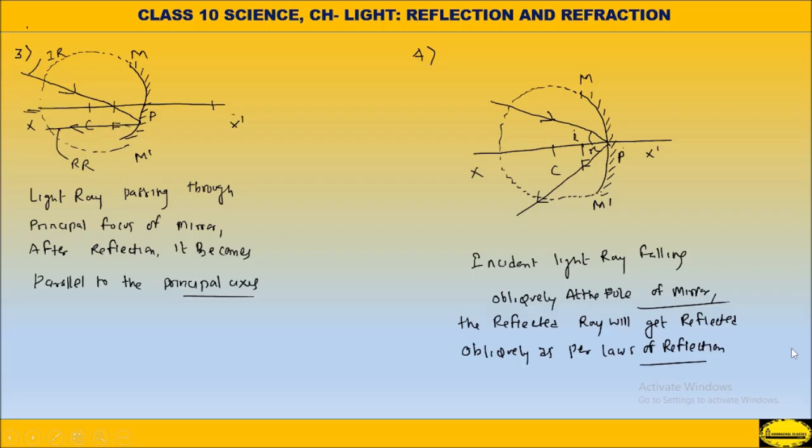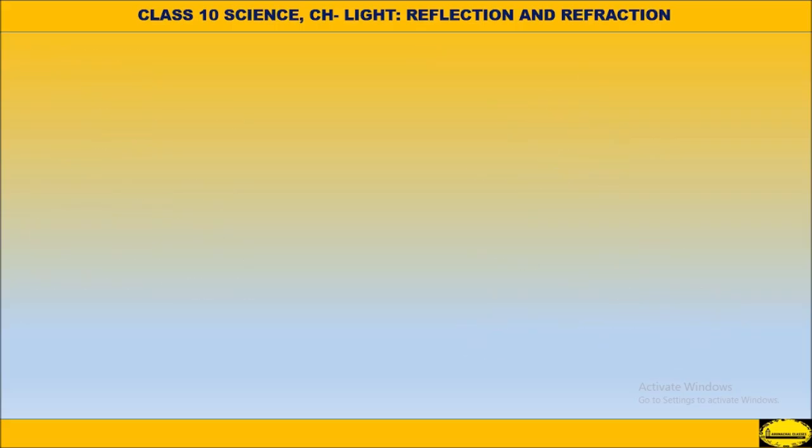So these are the 4 rules that we have to obey while understanding the different cases of concave mirror when the object is placed at different positions. Now let us take the first case.